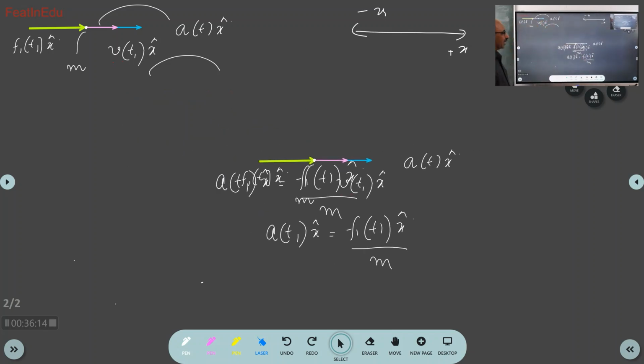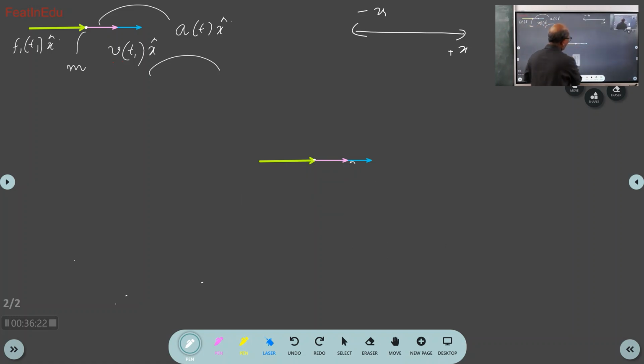Please understand this. So you will once again draw all these vectors.